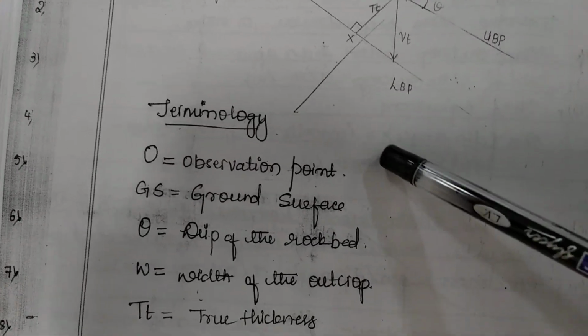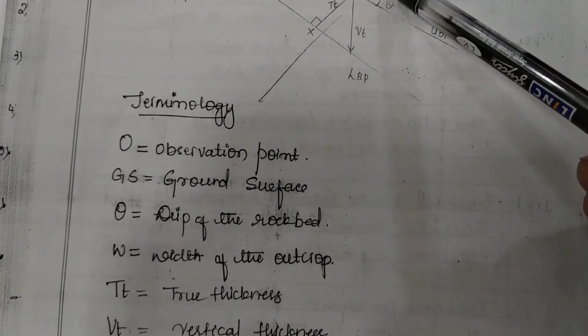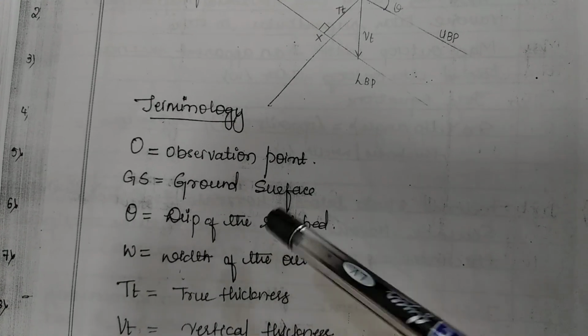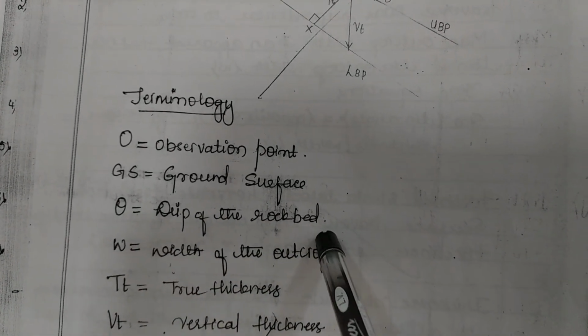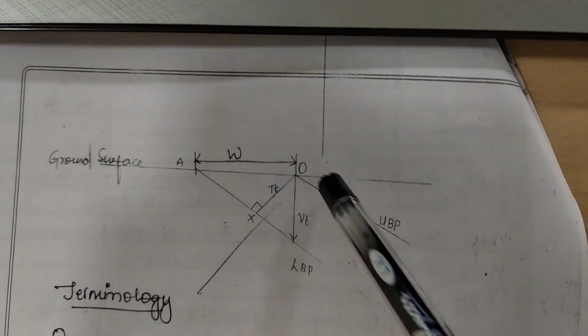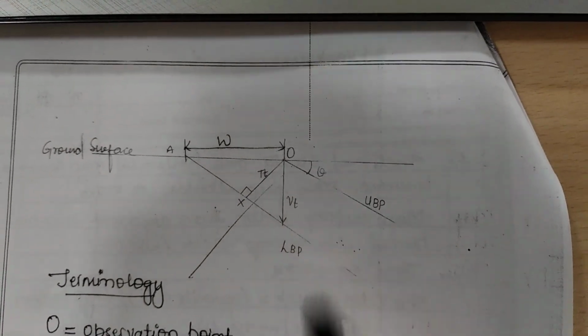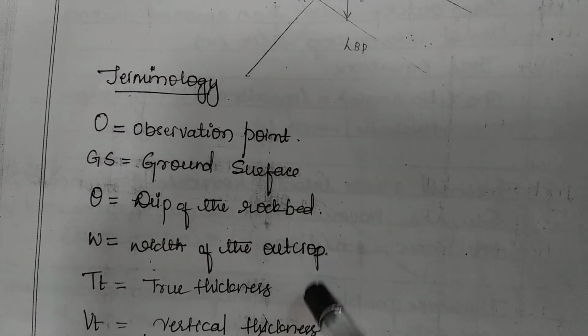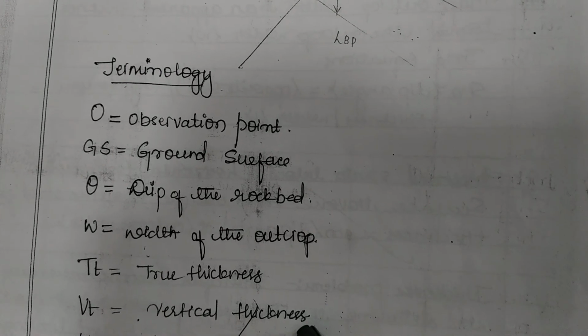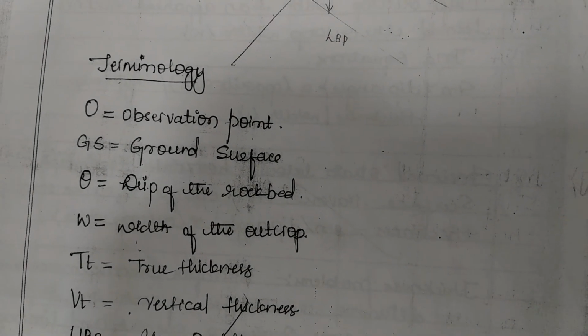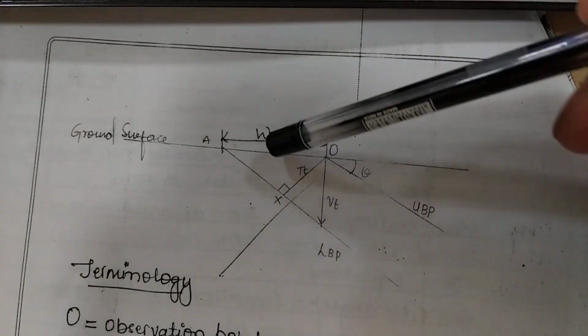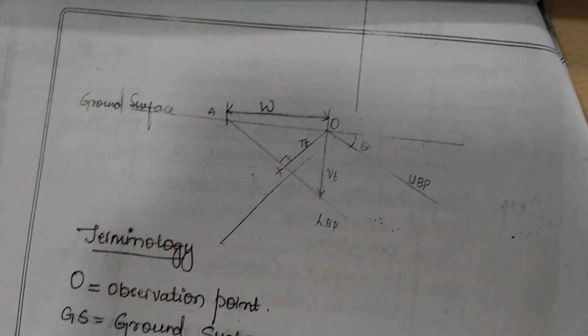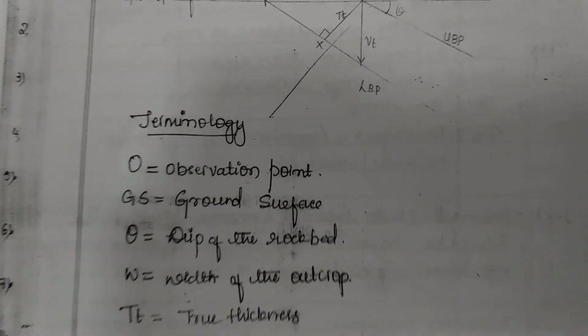These are some of the terminologies we need to follow: O is the observation point, GS is the ground surface, the dip of the rock bed is the angle of inclination of the bed, the width of the outcrop, true thickness, vertical thickness, upper bedding plane, lower bedding plane, dip amount and dip direction.